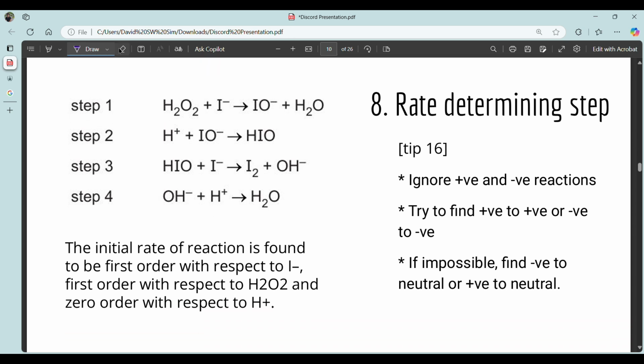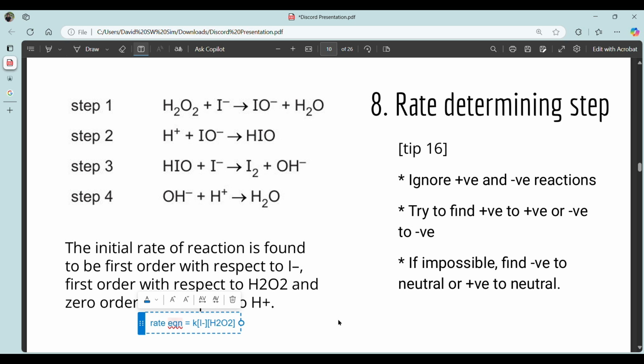In this case, they say that it is first order with respect to iodide, first order with respect to H2O2, and zero order with respect to H+. So what does this mean? This means that the rate equation equals K times iodide to the power of 1 times H2O2 to the power of 1 and H+ to the power of 0.